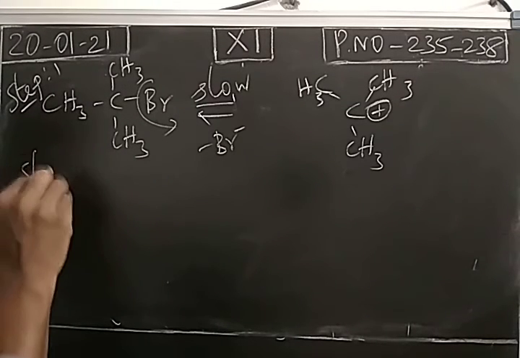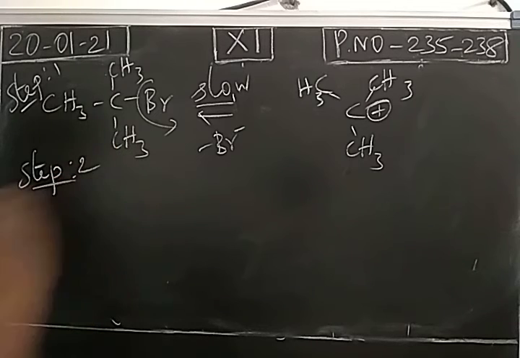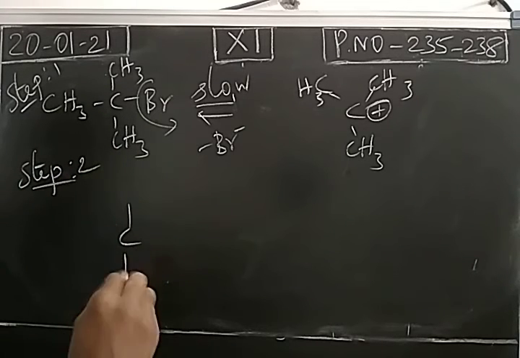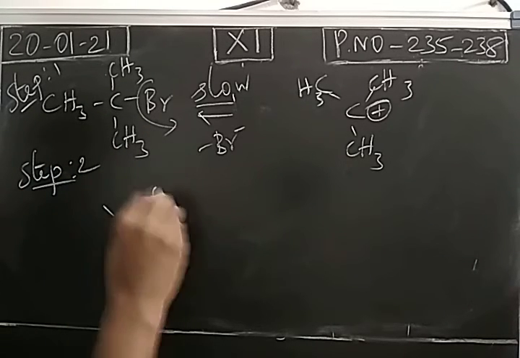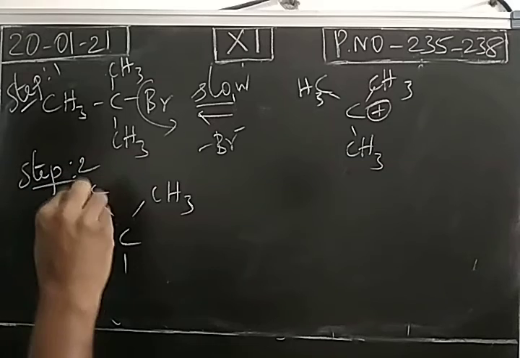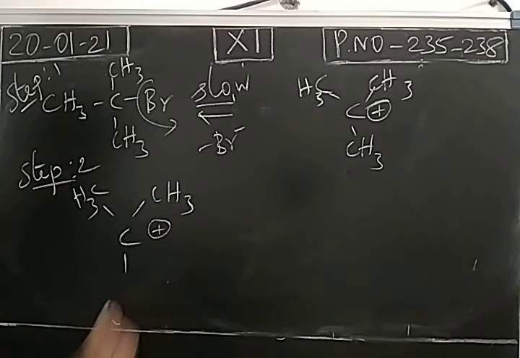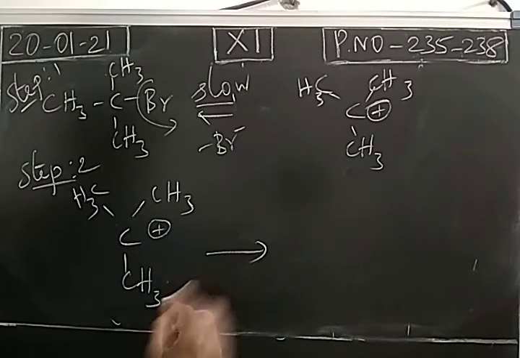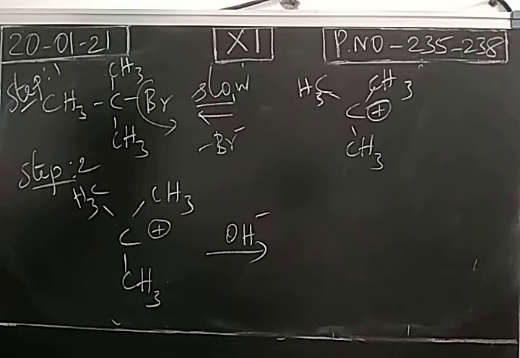So the second step: the carbocation will be attacked by the nucleophile. Now the nucleophile has two chances.